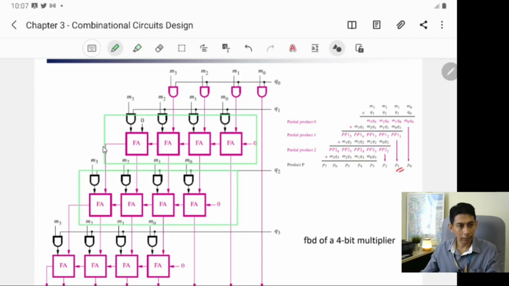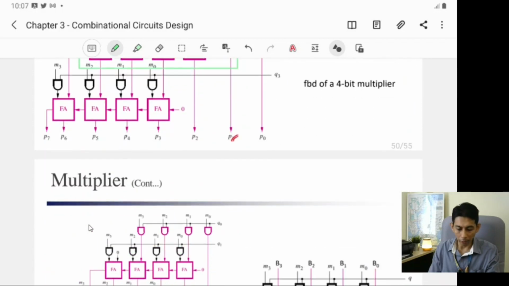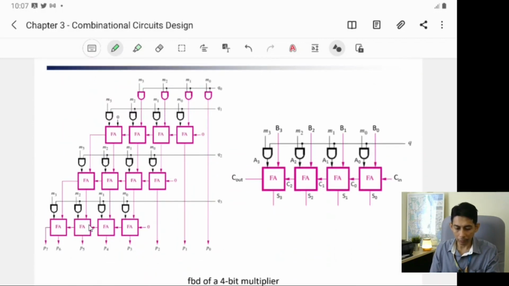You see, the pattern here is actually the same as this one, and also the same as this one. So you can use the hierarchical design methodology, where you create this module, and of course we have learned already how to create this kind of module, right?